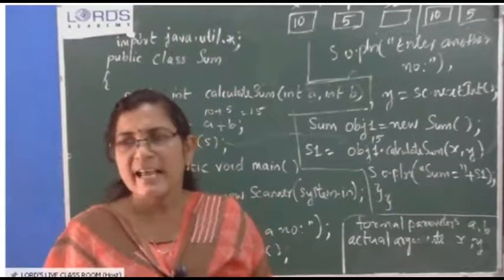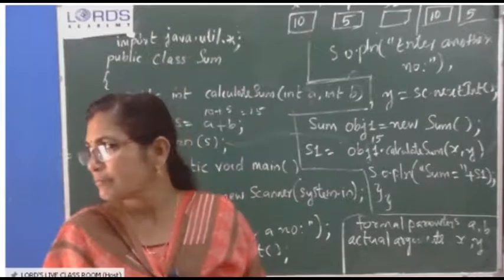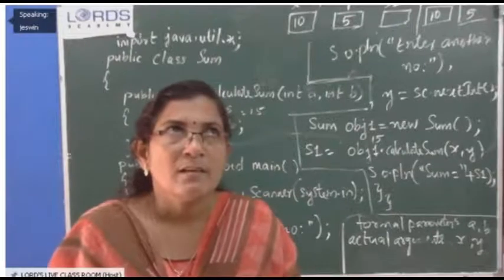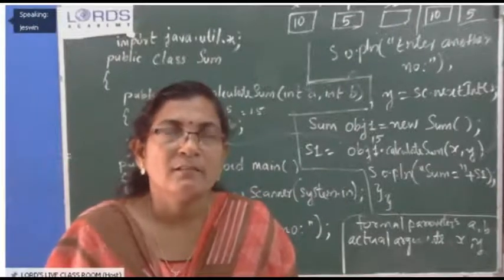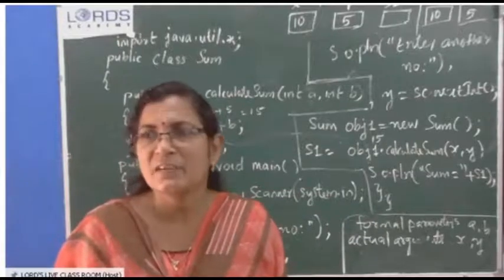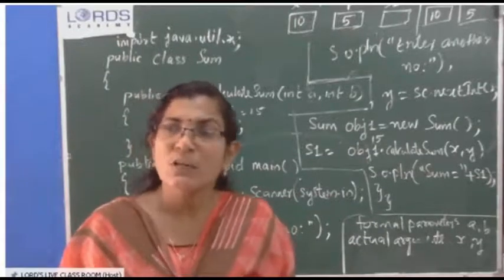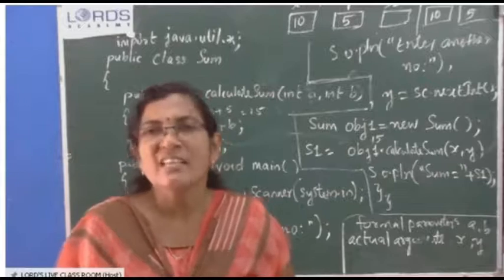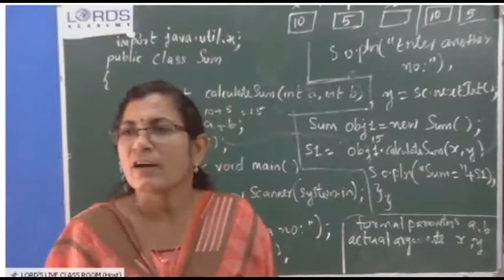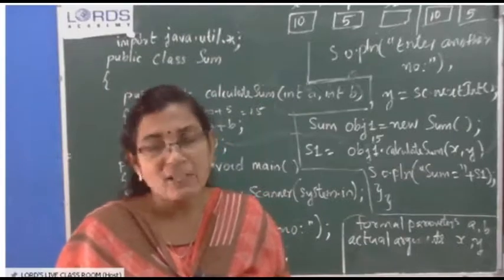Which are actual parameters? Actual parameters are those which are used during the function call. The variables which are used at the function call, which contain the original value to be processed, are known as actual parameters.